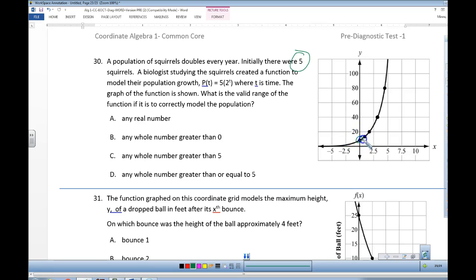So our graph really should go only here and up. We started at 5. You can't have negative time, so we can only have positive time. So right here, the graph has to start at 5. The range, the y values, can be any whole number greater than 5.